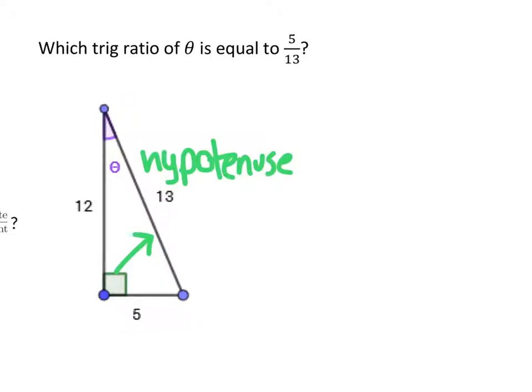Now we know that the opposite side is opposite our reference angle, in this case theta. Lastly, for our adjacent side, that's the side that's a leg and it's next to our reference angle. We also can recognize it because it's in between the right angle and our reference angle.